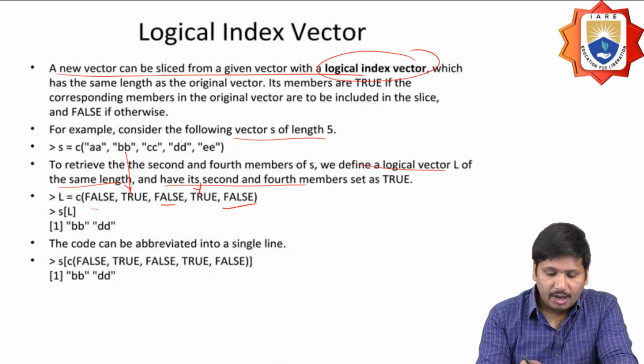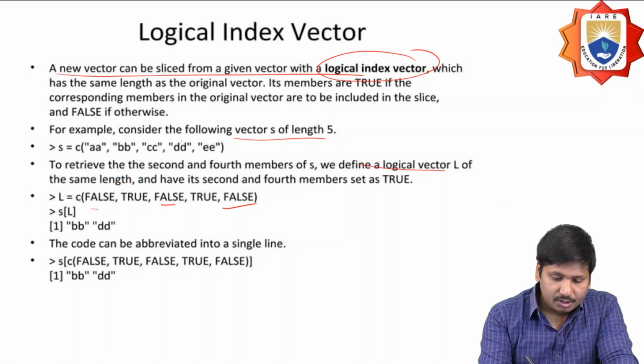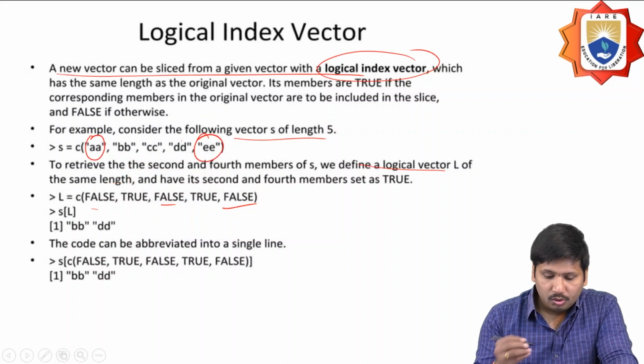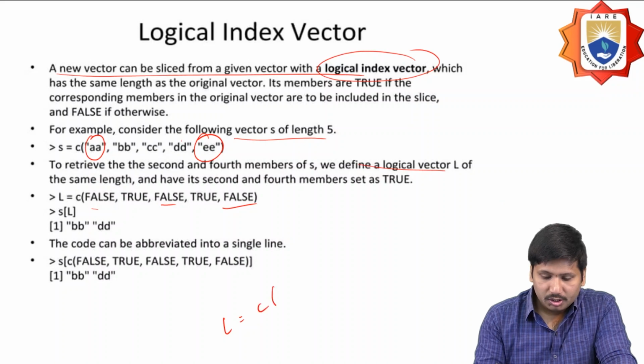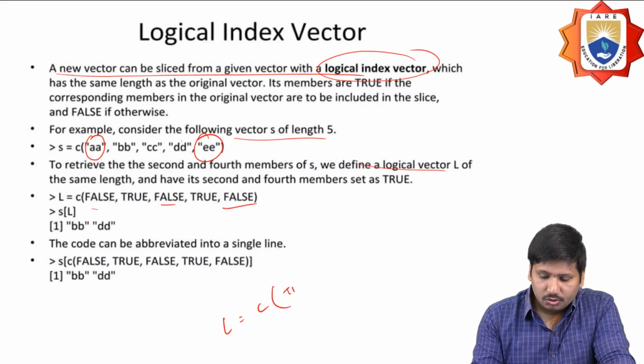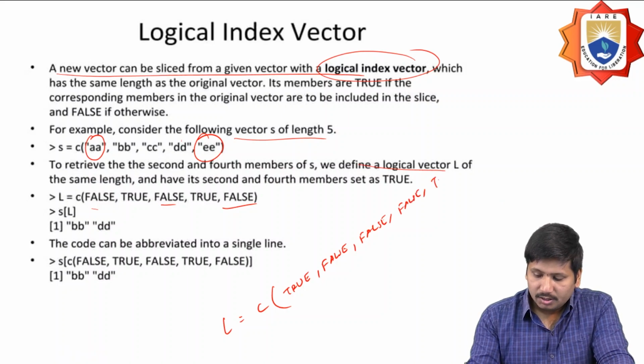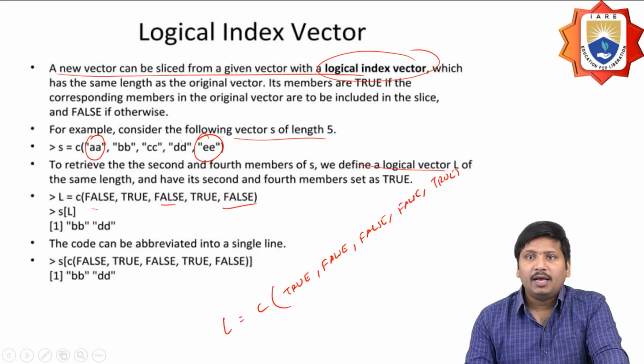Suppose I want to access only this one and this one, how can I write it according to the logical index value? The first should be true, and the next should be false, again false, again false, and the last one I want to access, so I write it as true.